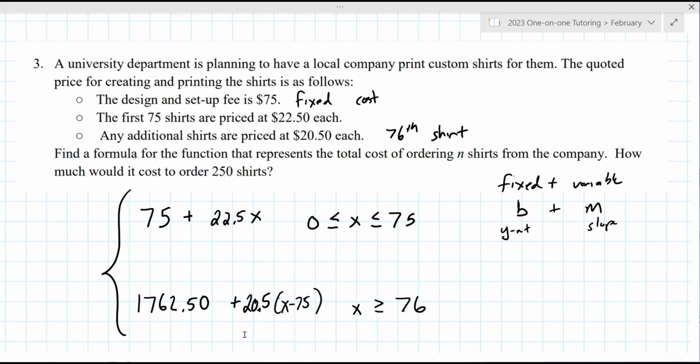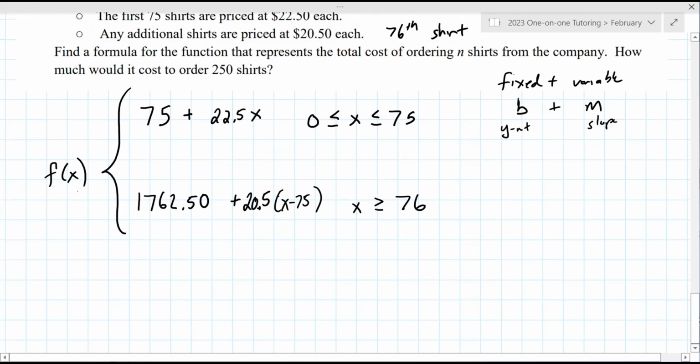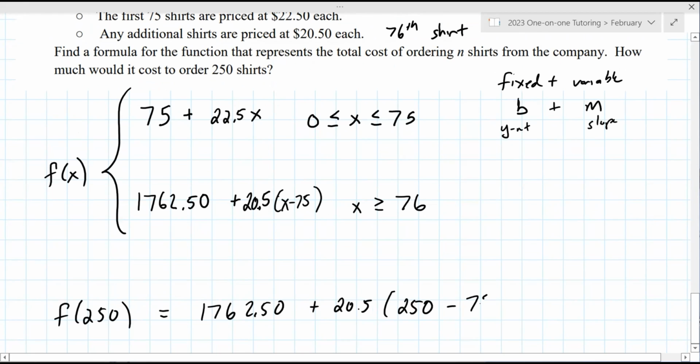And then just plug in the 250 to find the last one. Yeah, because it'll tell you here. This one doesn't, I guess, need you to graph. So you need to give this an f of x, and then f of 250 is, like you just said, 1762.5 plus 20.5 times 250 minus 75.